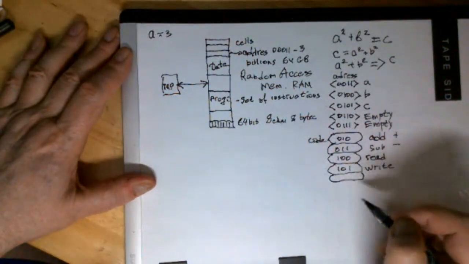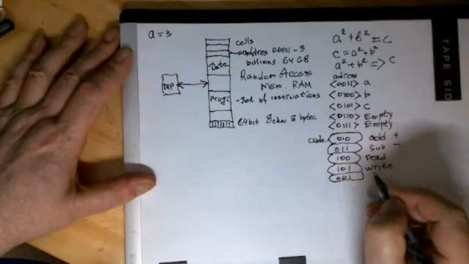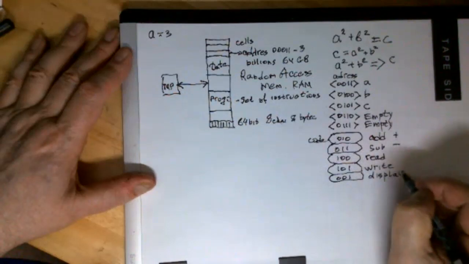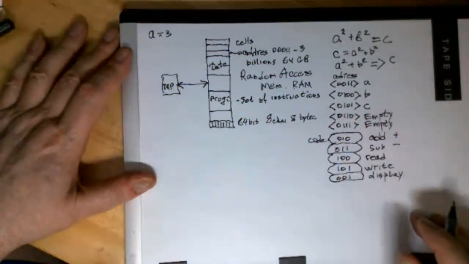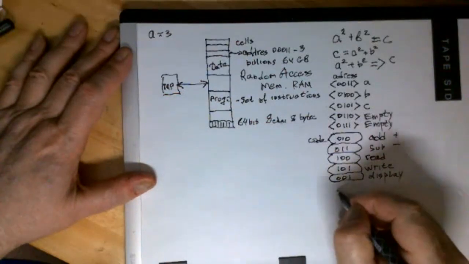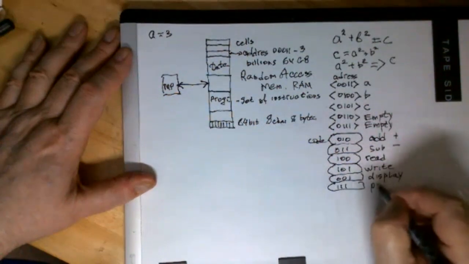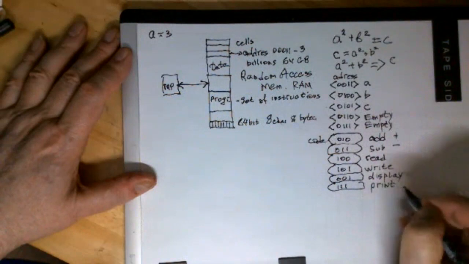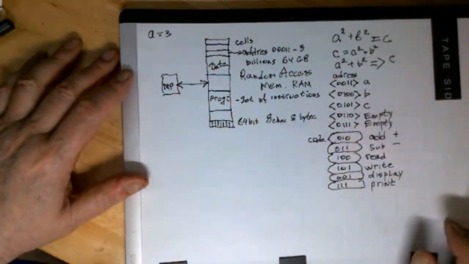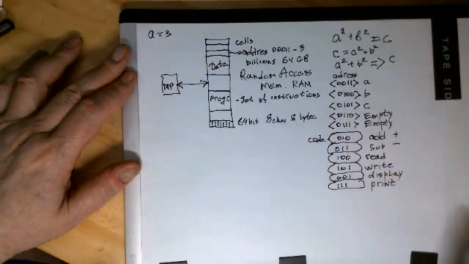Then operation 001 will be display. Display means send to monitor. And operation 111 will be print. Okay? So it is a very poor system of operations, but I can already run the program.